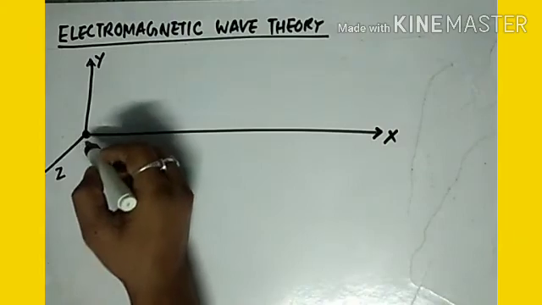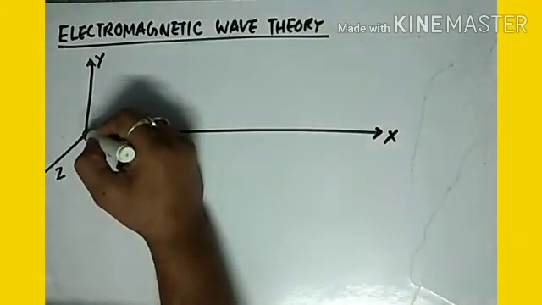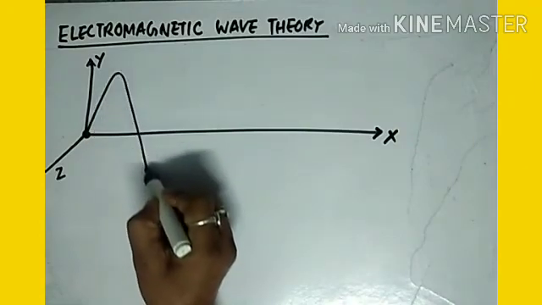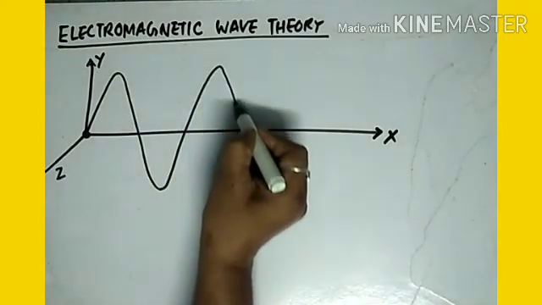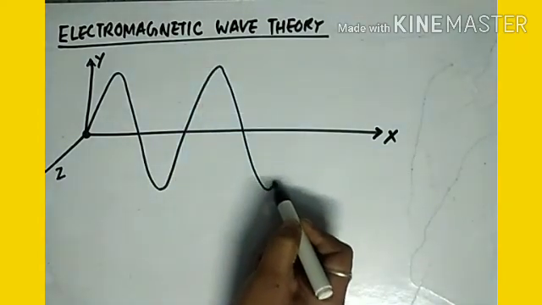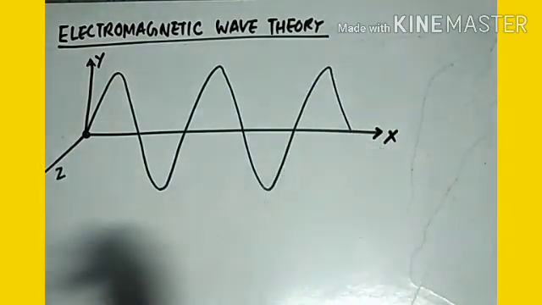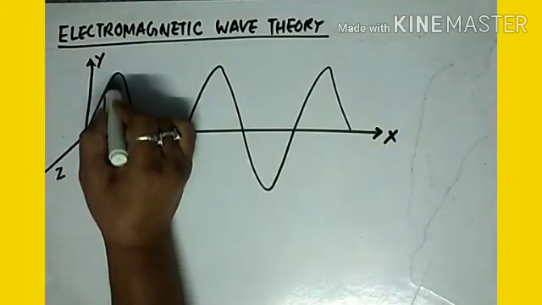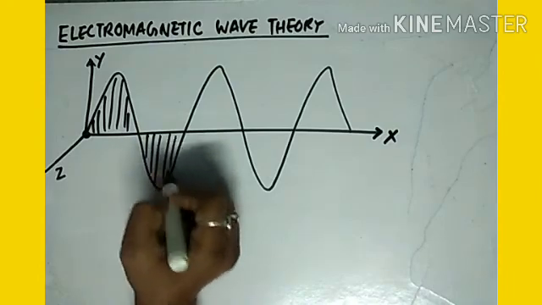Here you can see that when the electron moves in a straight way, it creates, suppose, a magnetic field or an electrical field, whatever. Well, I'm just mentioning here like this.